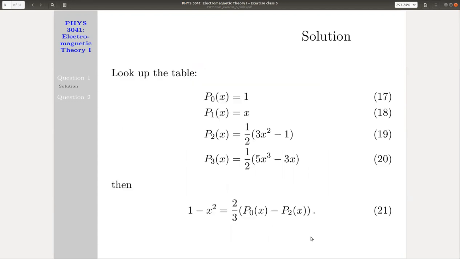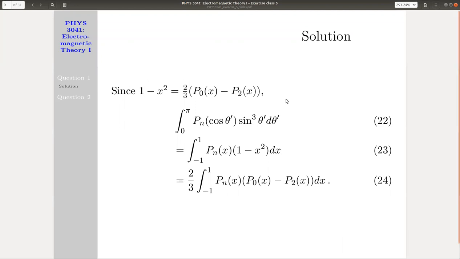You may simply look up a table, and here are the Legendre polynomials from the 0th order to the 3rd order. After some algebra, you should be able to show that 1 minus x squared can be expressed as 2/3 times (P0 minus P2).